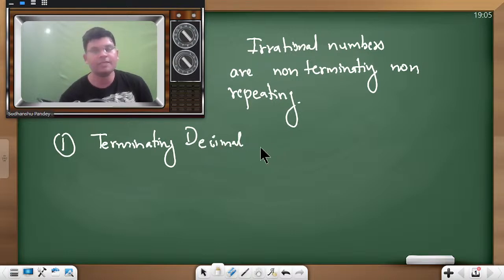Can you give me an example of a terminating decimal, Meher? 4/10. Wonderful. Can you give me an example of a terminating decimal, Diya?